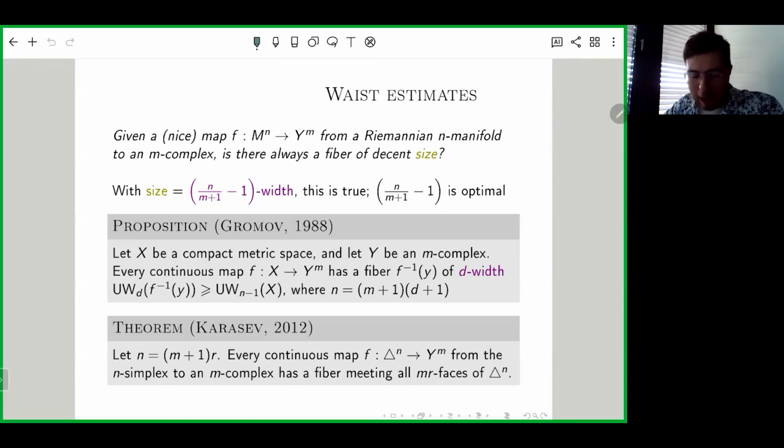So here is an application of the same proposition of Gromov. The application is a theorem from topological combinatorics, and it doesn't have to do with any kind of metric whatsoever.